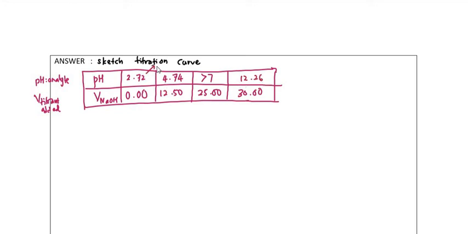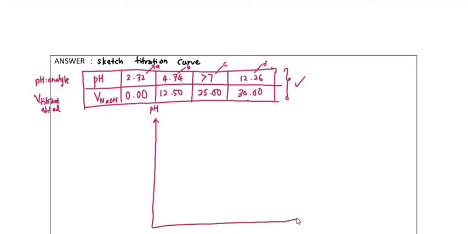This is for question part A, part B, part C, and part D. You tabulate the data in the table first, and you get the marks. Then your y-axis refers to the pH and your x-axis refers to the volume of titrant in ml.